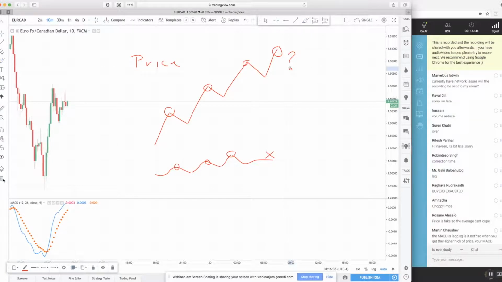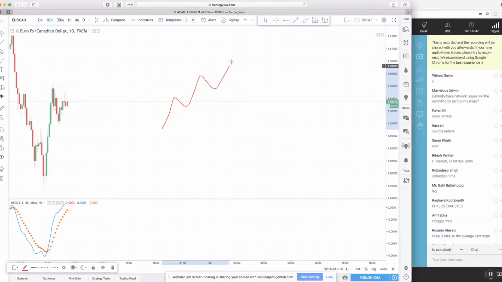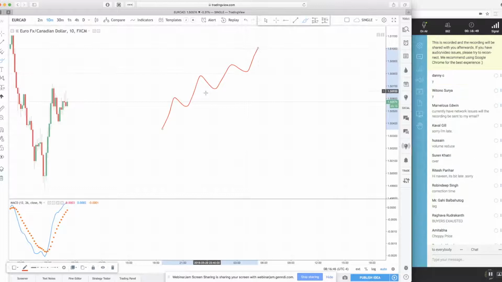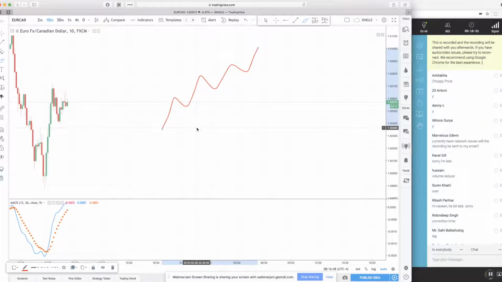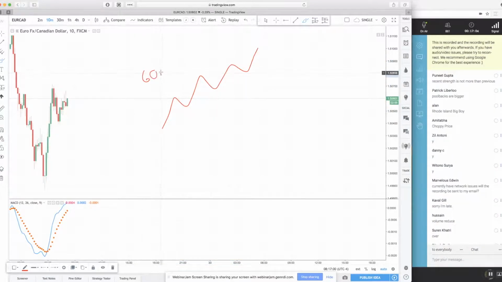Okay, now when you have this uptrend on a lower time frame, your uptrend is fractal, which means whatever you see on your current time frame, let's call this the 60-minute time frame, your 1 hour chart.